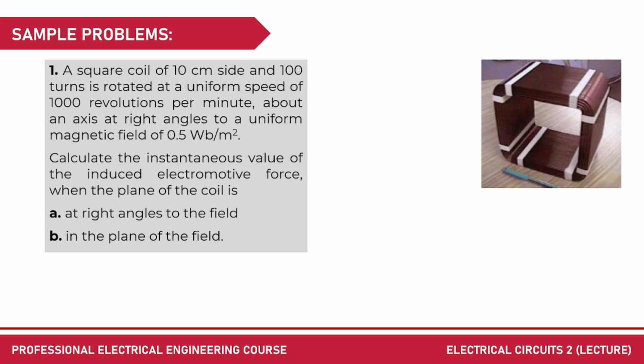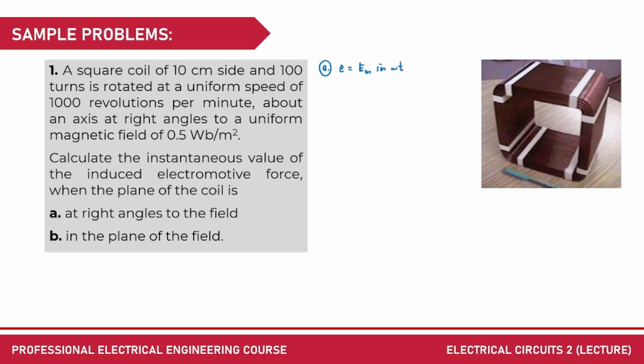Now for A, it says that it's at right angles. Then we have e = E sub m sine omega t.